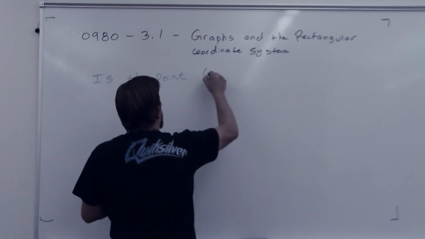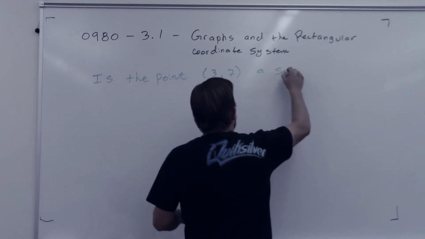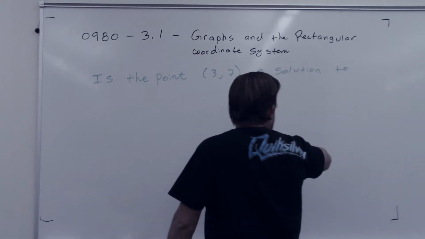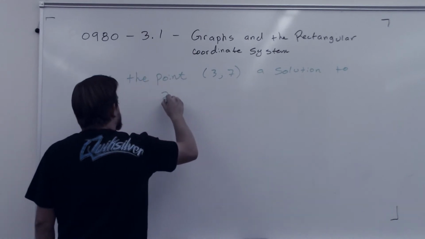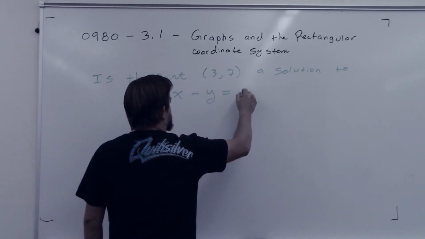But is the point 3, 7, for example, a solution to the equation 2x minus y equals -1?